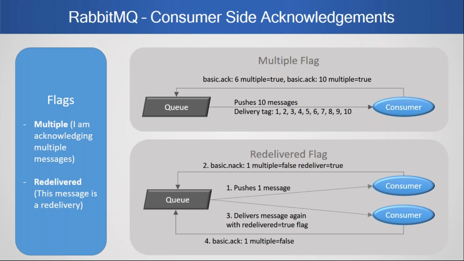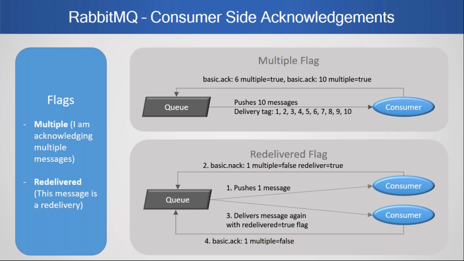The consumer can't process it for whatever reason, and it responds with a basic NACK and redeliver equals true, at which point RabbitMQ will then deliver that again. Perhaps it goes to a different consumer, and that consumer manages to process it and responds with a basic ACK, and everything's okay.